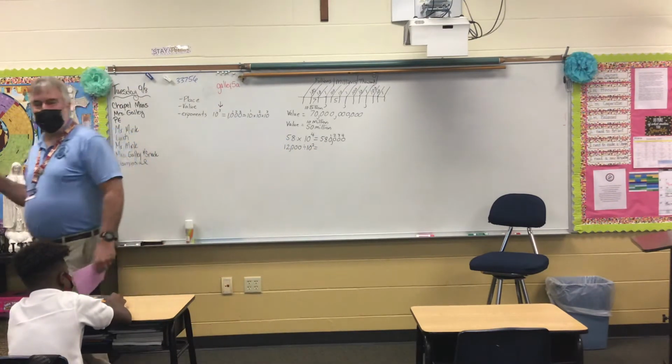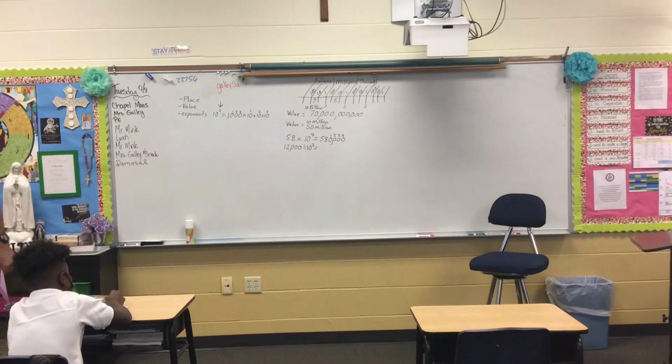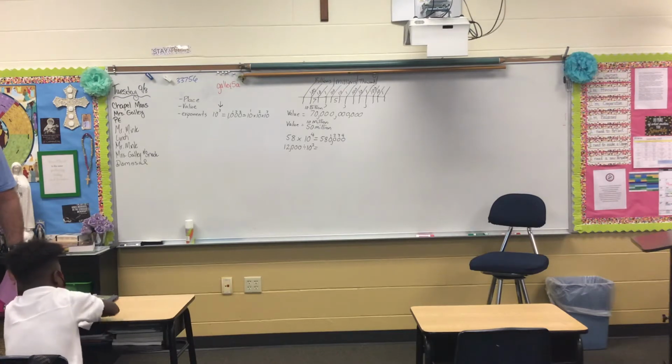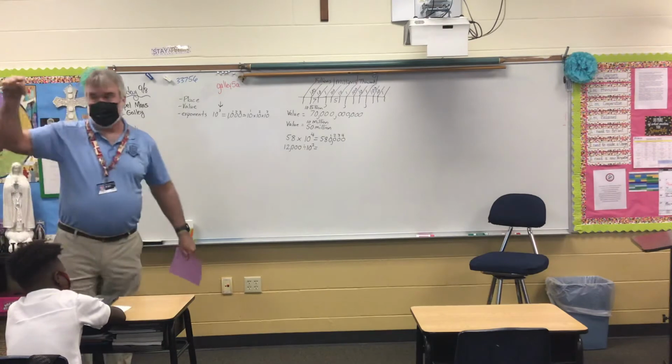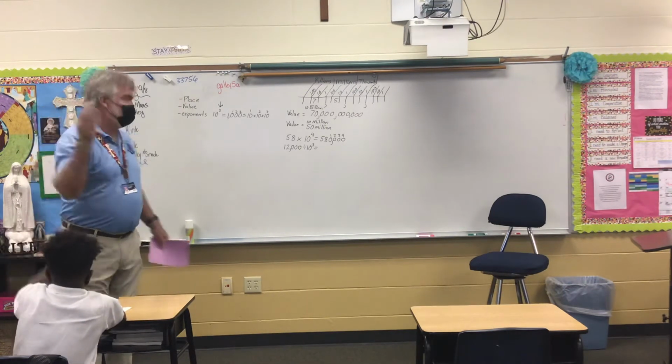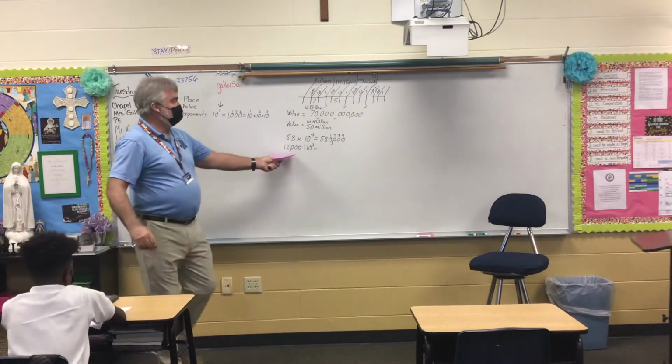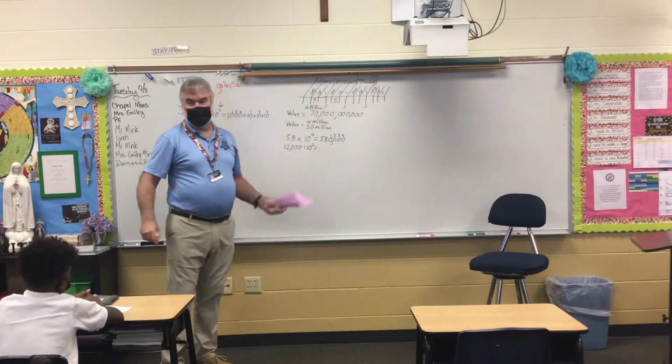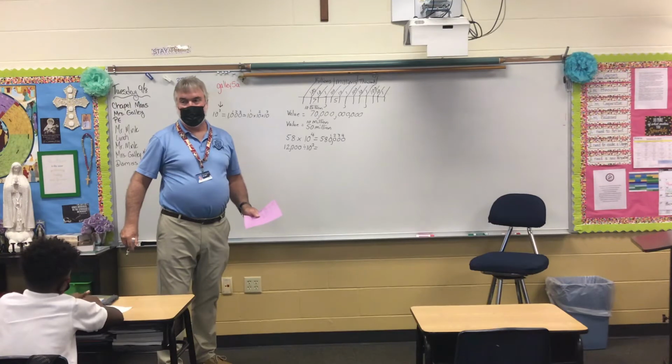Okay? Now, what happened when instead of multiplying, we had dividing? Lucas, do you remember what we did? Because with multiplying, like what Gabriella said, we added the zeros on. With dividing, Lucas, you take away. So if I have 12,000 divided by 10 to the second, what would I do?